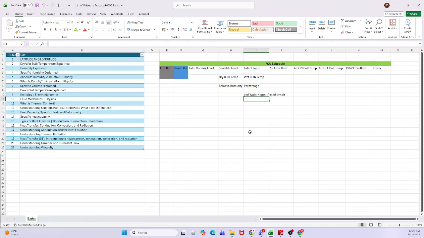For example, in 1000 kg of dry air, maybe I have 10 grams of water vapor. All this you will find in the psychrometric chart.